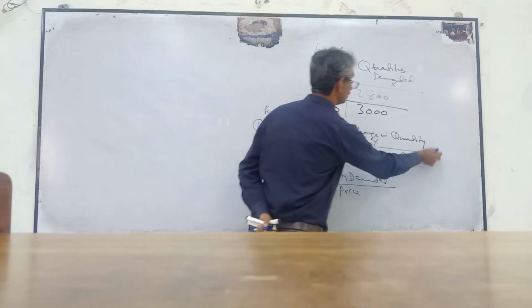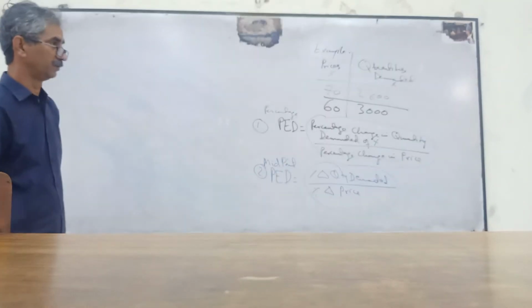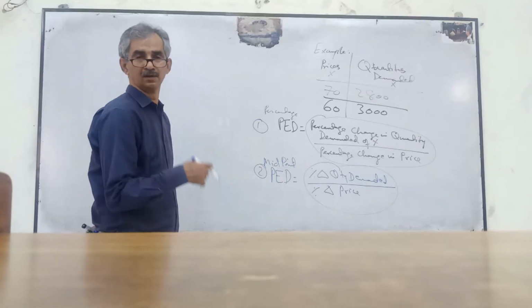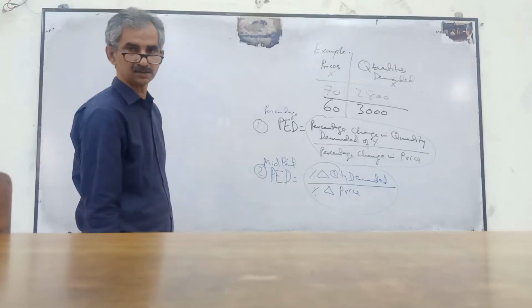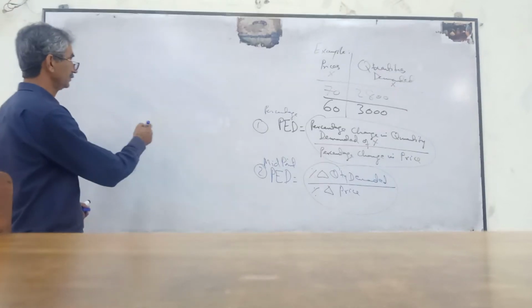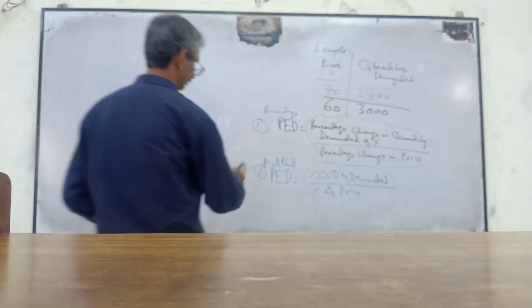In both cases, we have to solve this. So first of all, we will discuss the percentage formula and explain how we calculate the price elasticity of demand through it. So let's move.